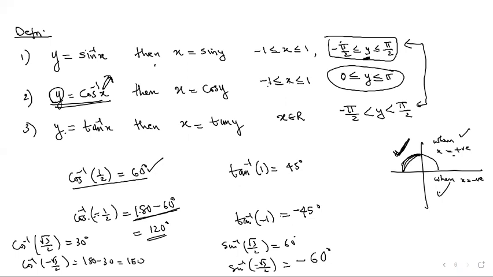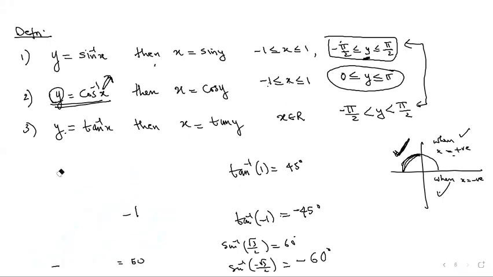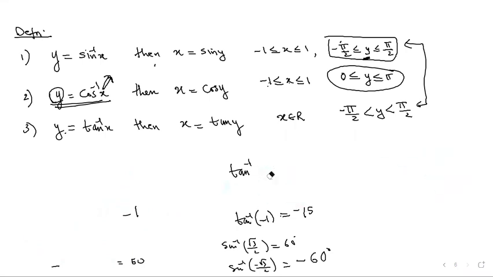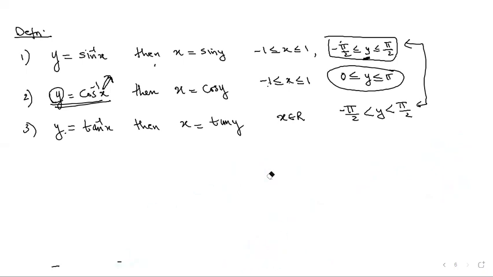Okay, I'll give you a little more exercise. Have you written this definition? Yes, sir. Okay, then write this example. Sine inverse of half is 30 degrees.